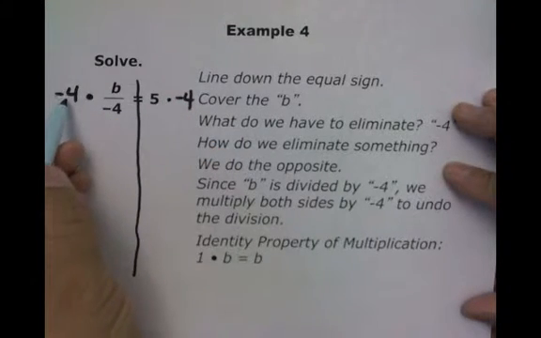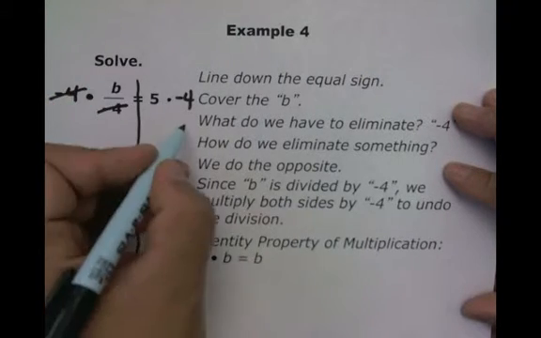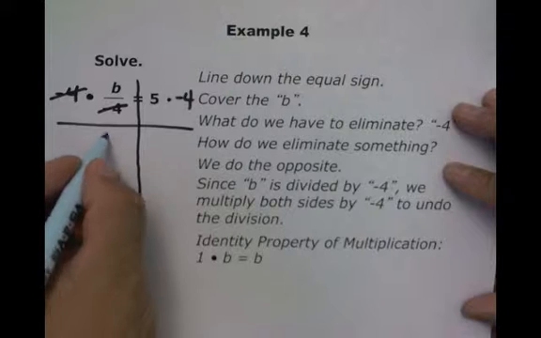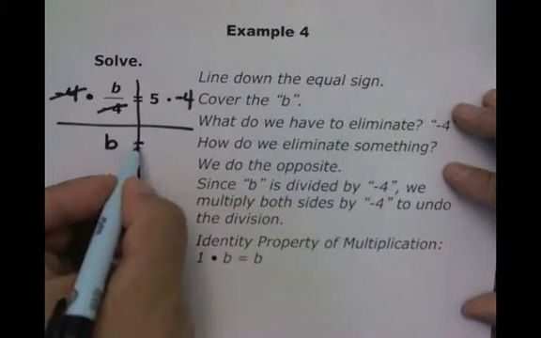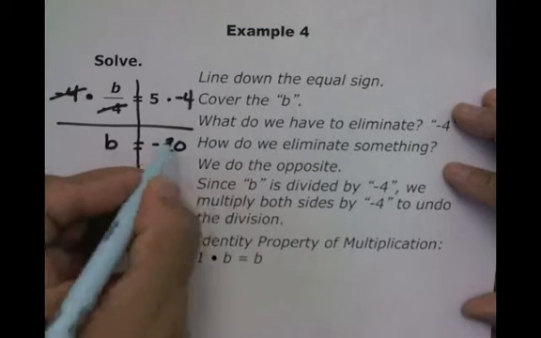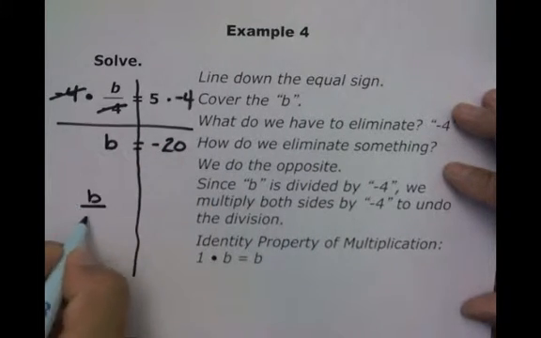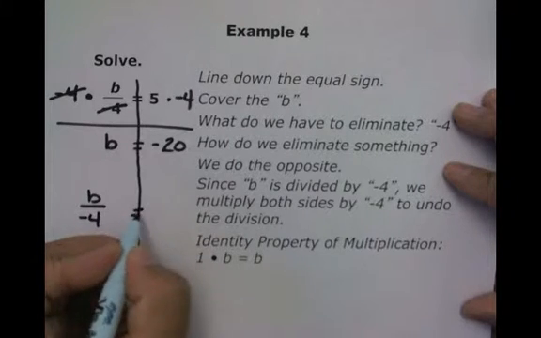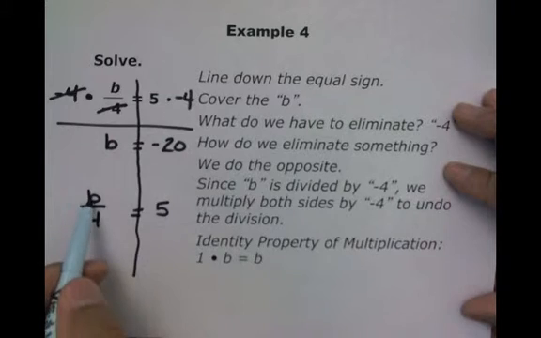And remember, whatever I do to one side, I do to the other. Negative 4 divided by negative 4, those cancel out, and I can bring down the b. And then 5 times negative 4 is negative 20. Alright, so I'm going to check that. b divided by negative 4 equals 5. And I'm going to replace negative 20 every time I see b.